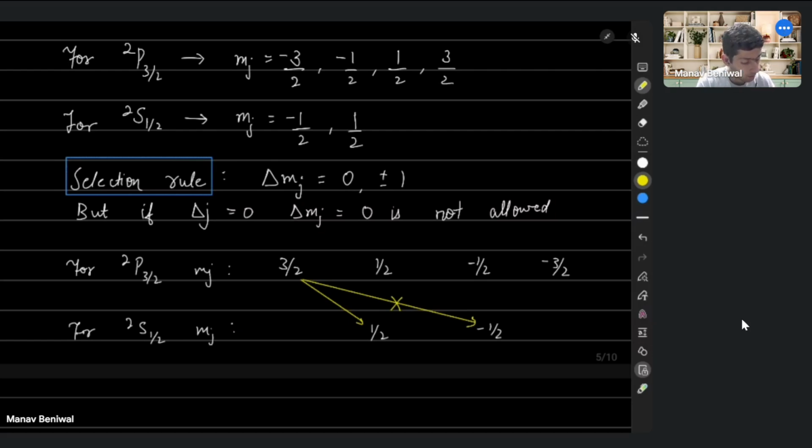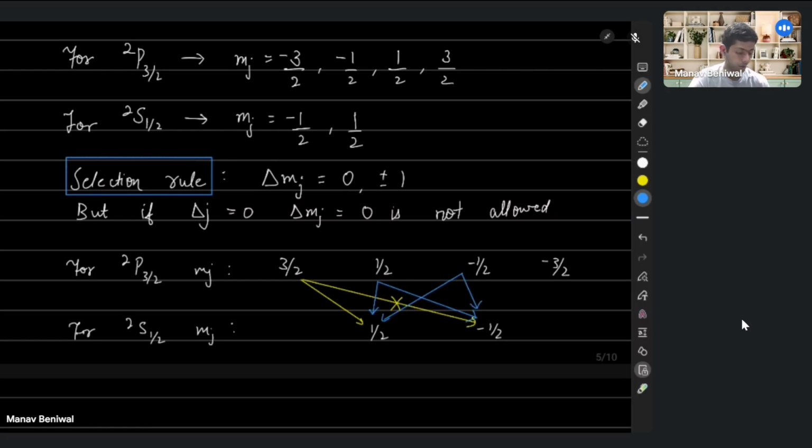For 1/2, 1/2 minus 1/2 is 0, and here delta j is not 0, so this transition is possible. And for 1/2 minus of minus 1/2, it becomes 1, so this is also allowed. Similarly for minus 1/2, with this it will become minus 1, and with this it will become 0, so both of them are also allowed.